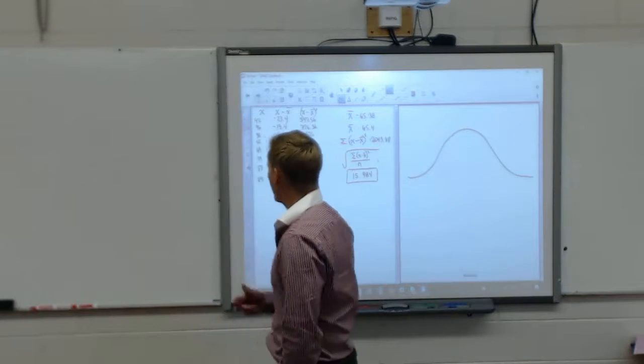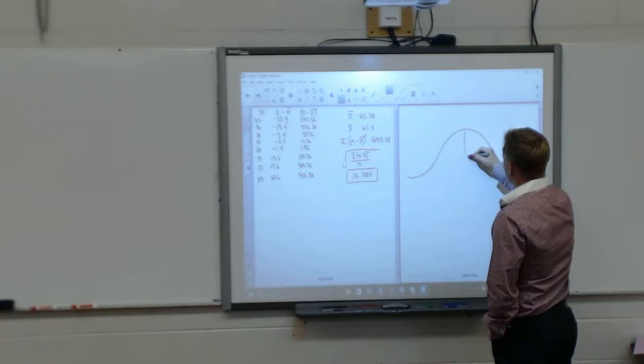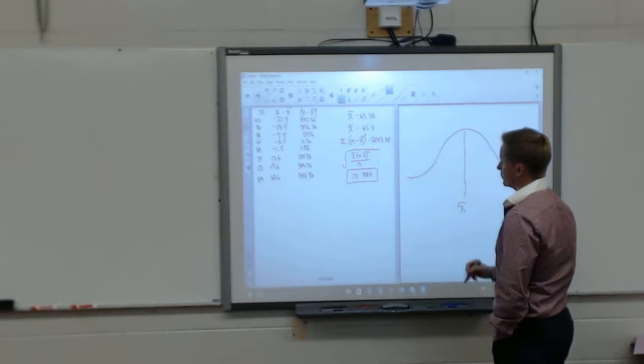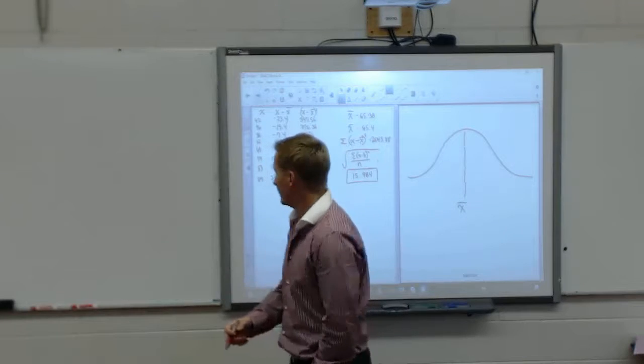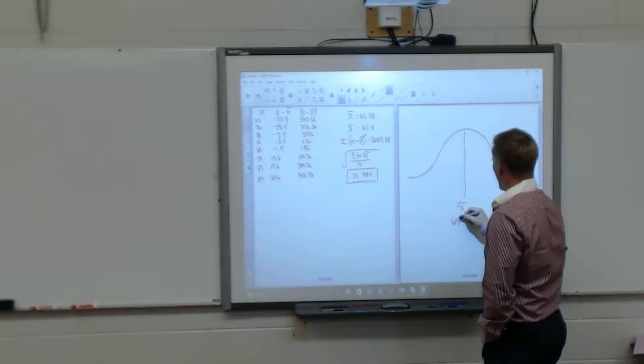All right, so here's how the bell curve works. It's broken up into sections. This guy right here is your average. In this case, our average score was 65.4.